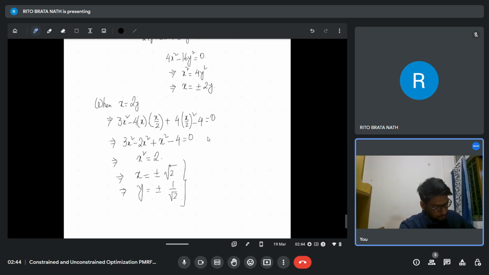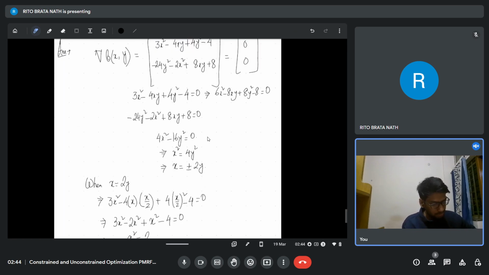So this gives you (root 2, 1 by root 2) as one point, and another will be the negative of this. So that's one of the points. I think that should be in the options, and then I have to check for the other condition.